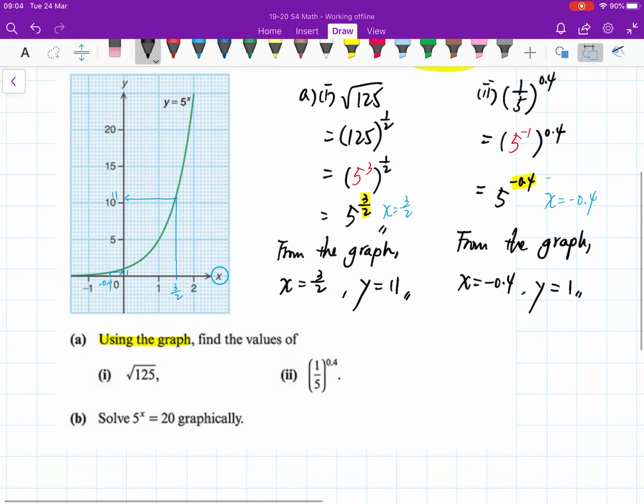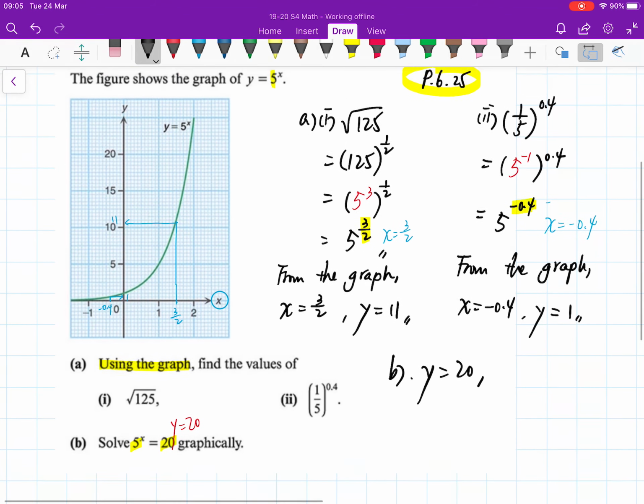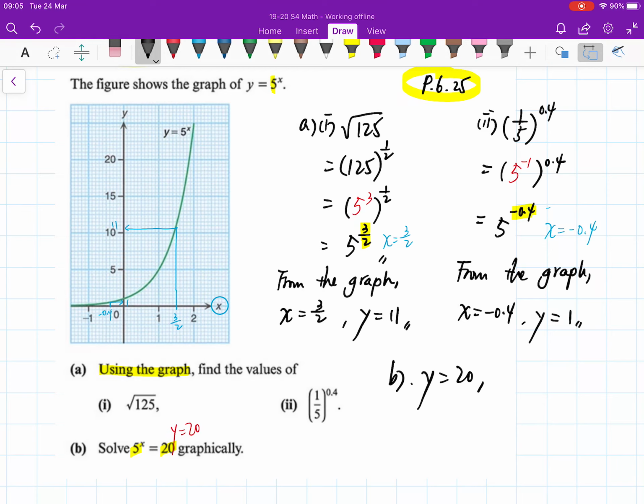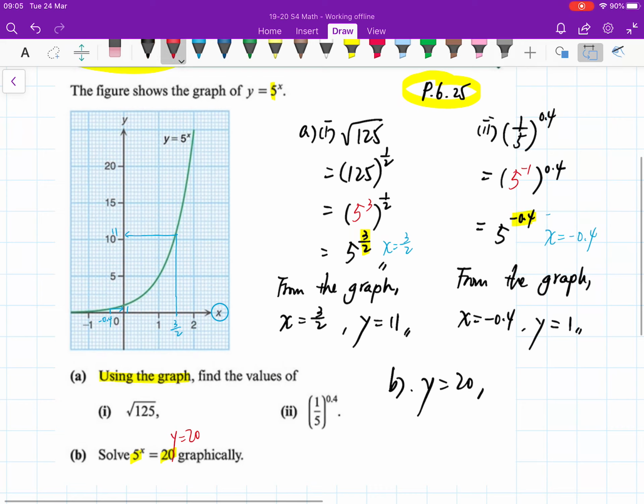And then let's take a look at part B. It asks you to solve 5 to the power x is equals to 20 graphically. So this time, how can we make use of the 20? So that is y is equals to 20. So for part B, y is equals to 20. So similar to all the solving equation graphically, that means we have to draw a line y equals to 20. So this time we are going to use the y-axis.